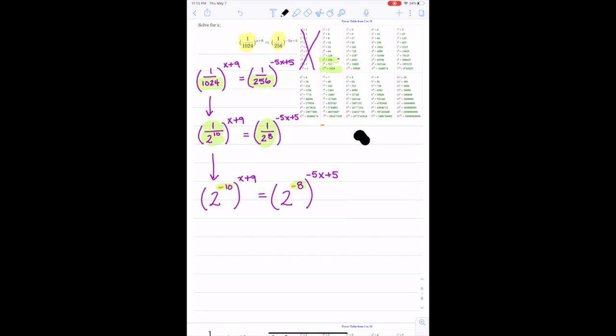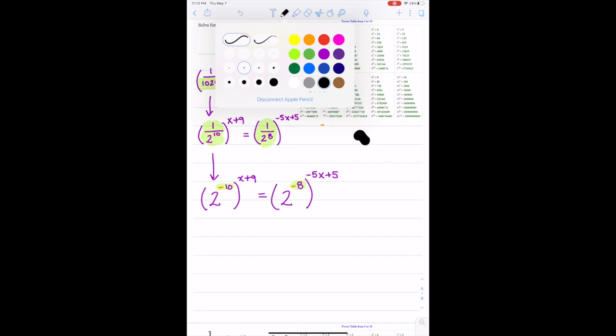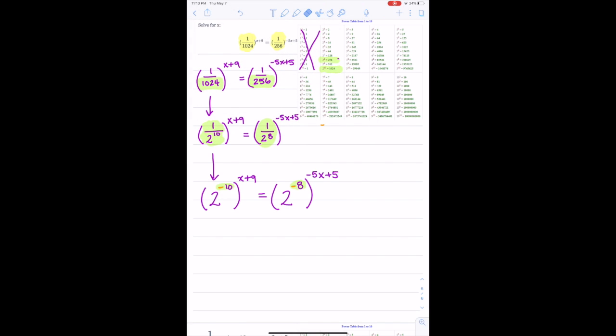So remember if we have x to the a and we tag on another power, we would multiply those two powers together. So same thing here. If I want to write this in a slightly simpler way, I could do this. Negative 10 times x plus 9 is equal to negative 8 times negative 5x plus 5, with the base 2 on each side.